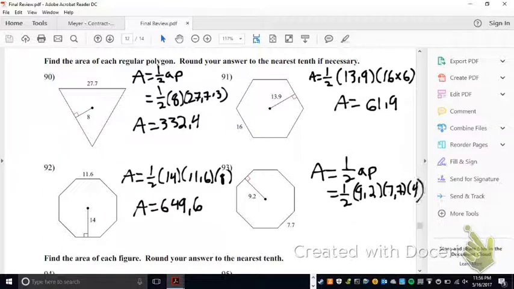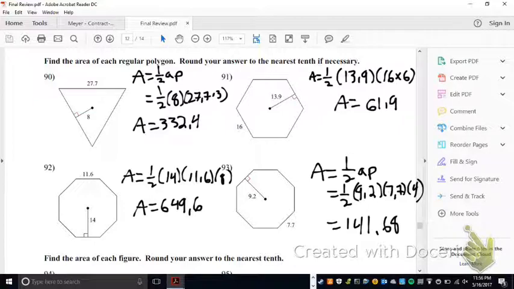So 7.7 times, I put 4. I don't know why I put 4. This is what I was thinking: there are 8 sides, so it's an octagon, half, and so I kind of skipped over the 1/2 times 8 and did 4, but let me plug that into my calculator and make sure it's right.